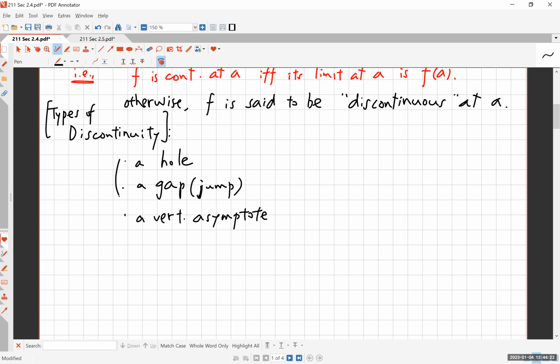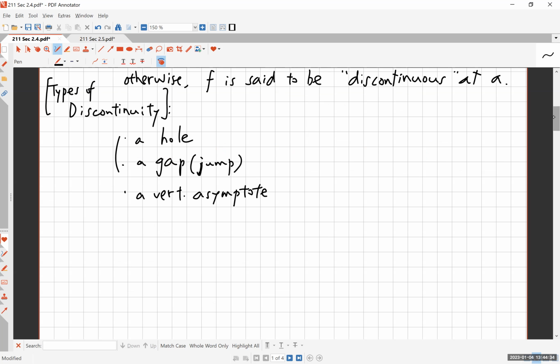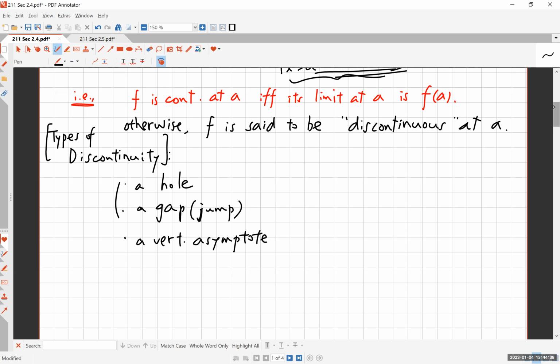These are hard to describe in precise mathematical language. And that's why we stick to this idea of continuity using limits. A hole, for instance, is a very hard one to define. So these are the types of discontinuity.